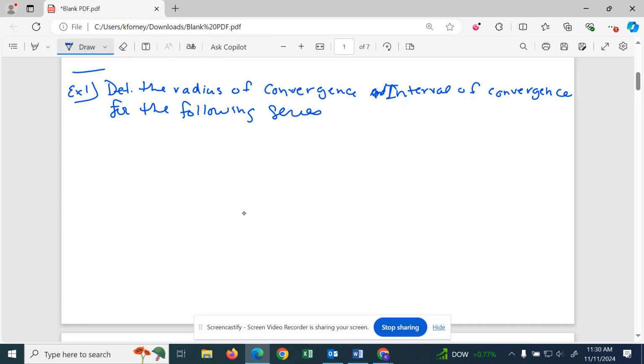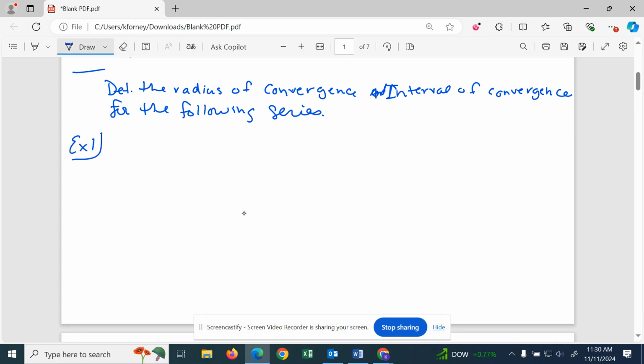This is really going to be the directions for every example we're doing today, so I'm probably not going to keep writing that unless I change what we're doing.